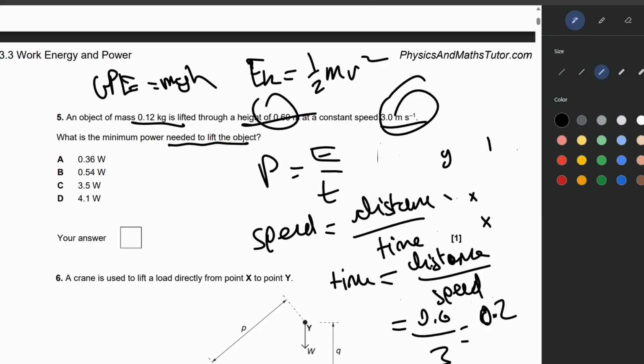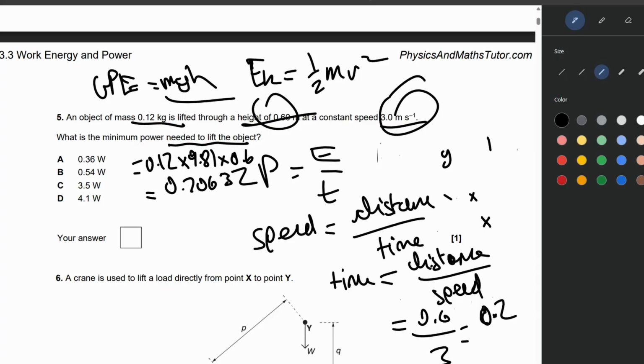Power equals energy over time. The energy was mgh. I don't know why I got rid of that, but 0.12 times 9.81 as gravity times 0.6 is equal to 0.7.